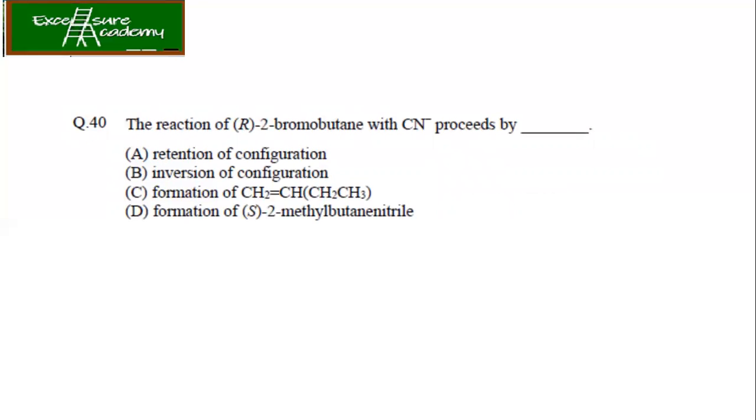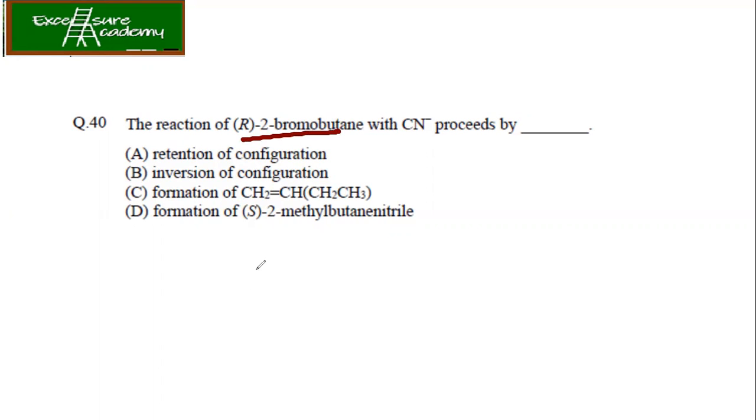Now the last question for this session. The reaction of 2-bromobutane with CN minus proceeds by dash. This reaction will proceed by inversion of the configuration. So if the reaction is started with R-2-bromobutane, it will end up with S-2-methylbutanenitrile, or vice versa.